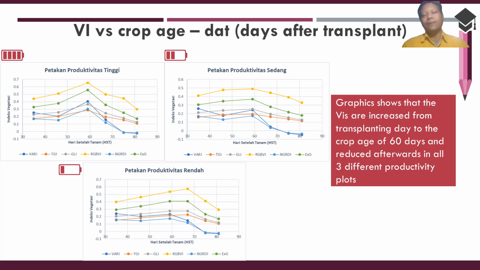And after that, the vegetation indexes were reduced. All of the 6 vegetation indices are reduced after 60 days of the crop age.